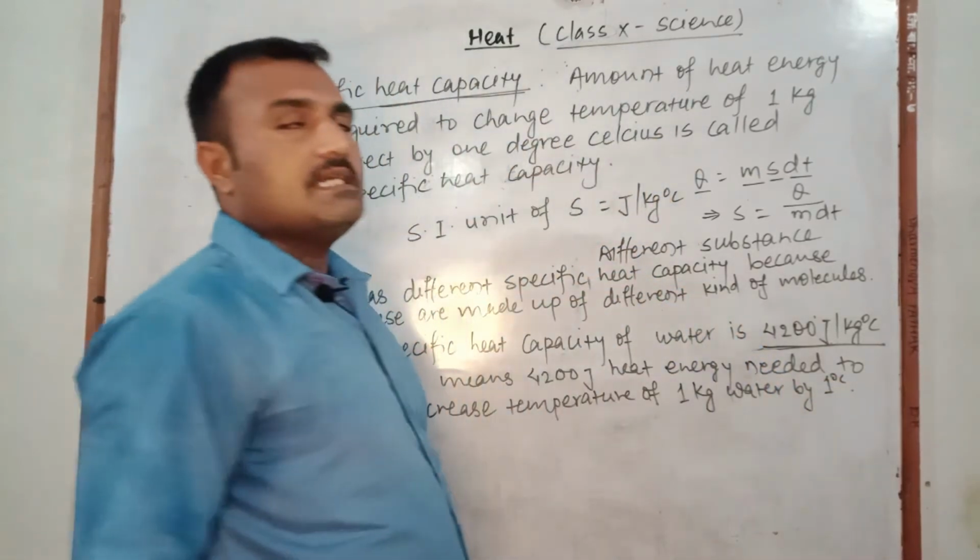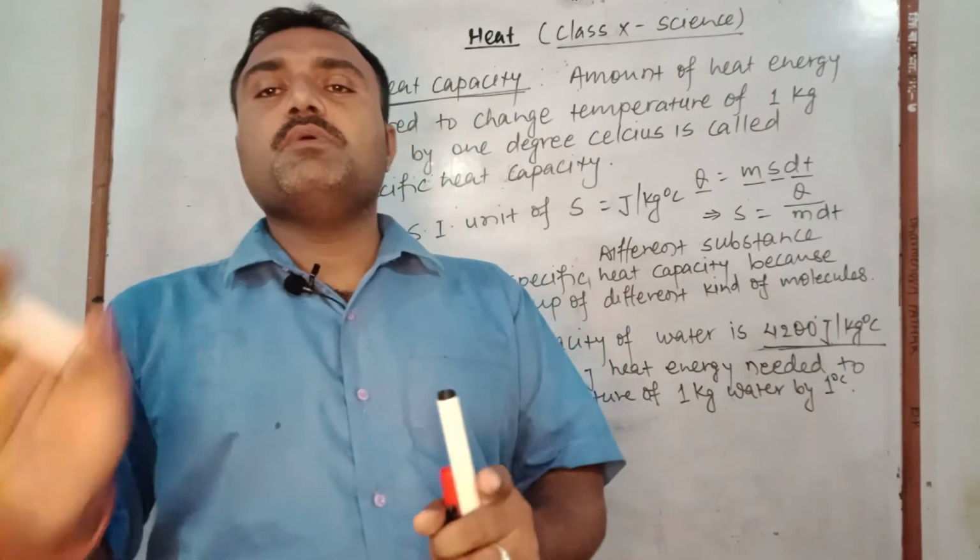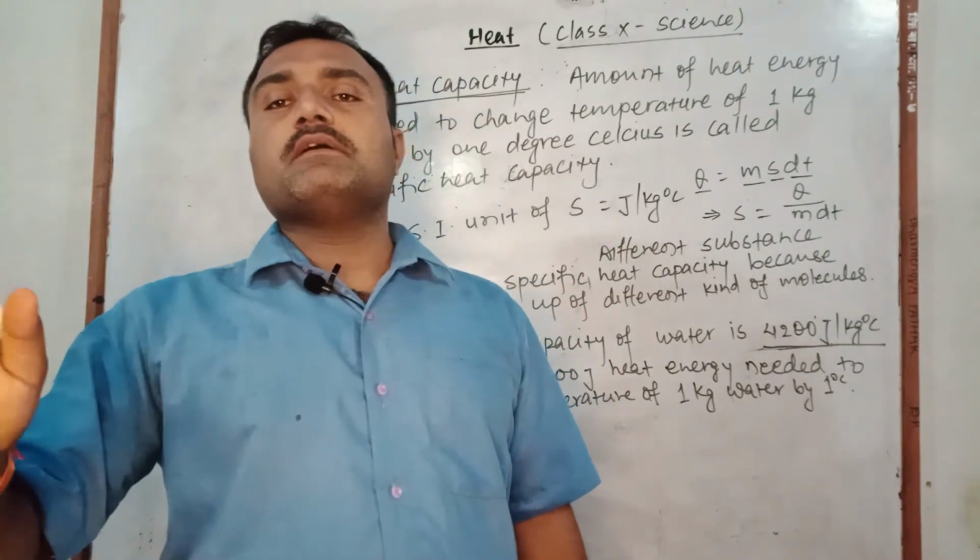Also we can write that it gives out 4200 joule heat energy when 1 kilogram of water is cooled by 1 degree Celsius.